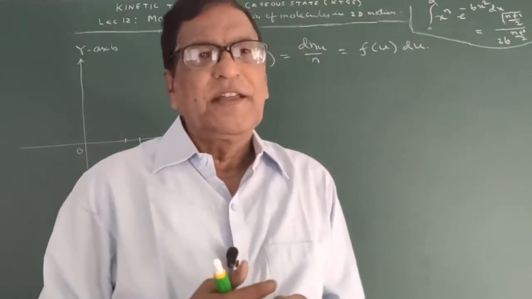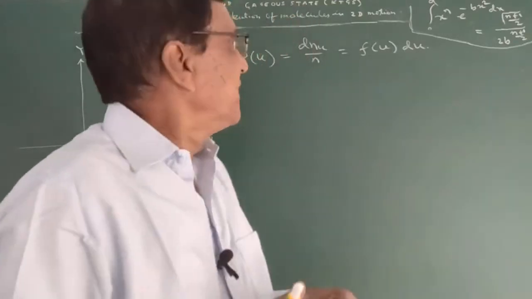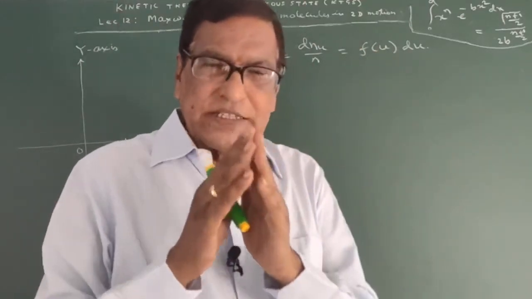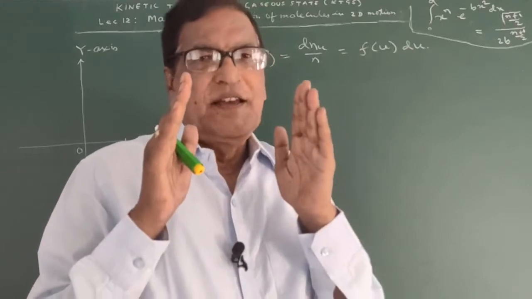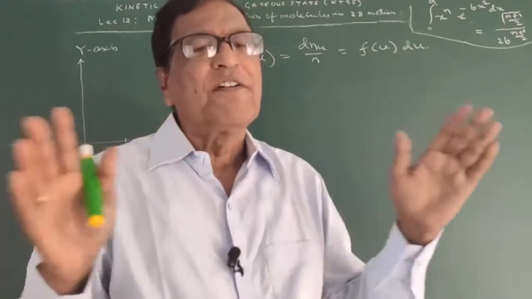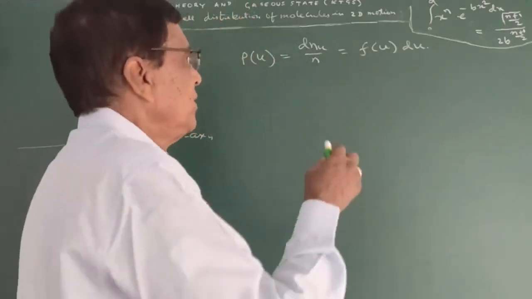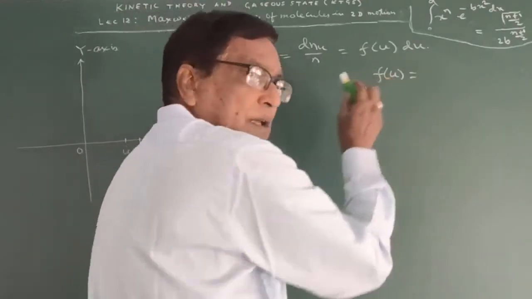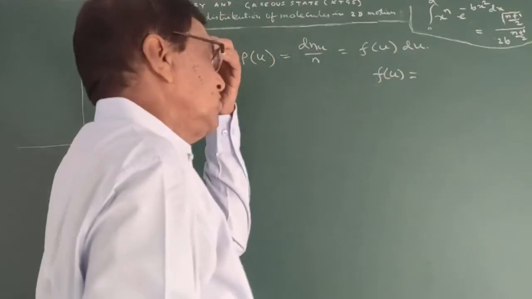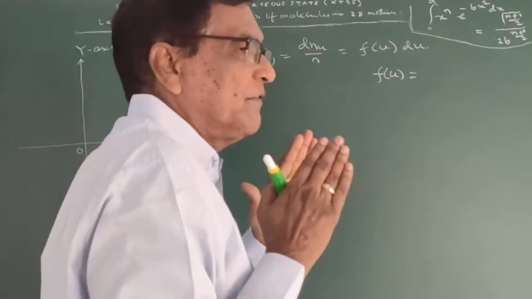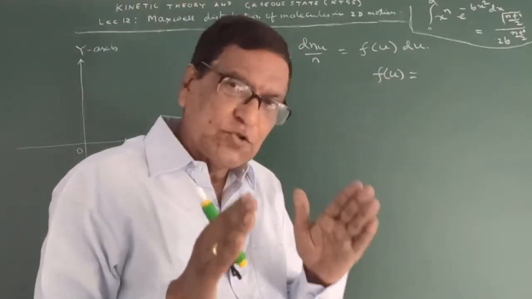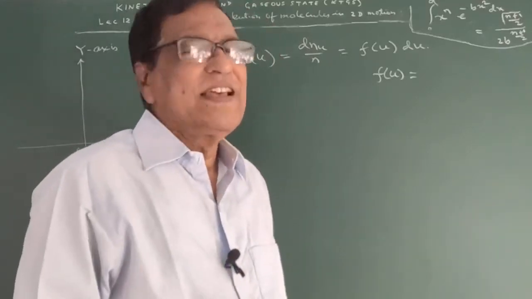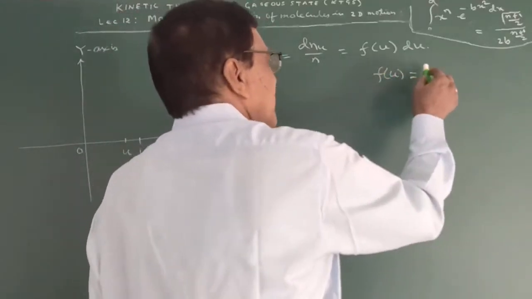And already we have decided this f(u) is called the x component velocity distribution function, and it is already derived.